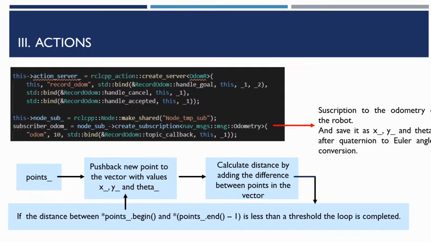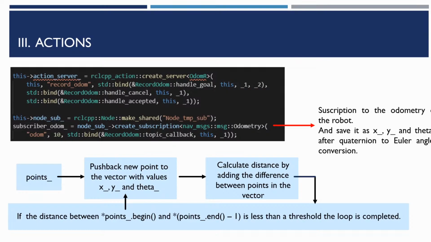So every second a new point is added there. After that, we calculate the distance by adding the difference between points in the vector. This was for the feedback, because it was stated that we needed to output the distance the robot has already run.